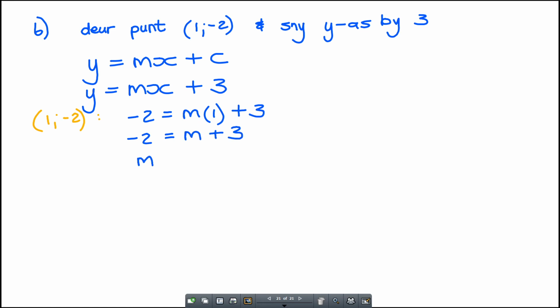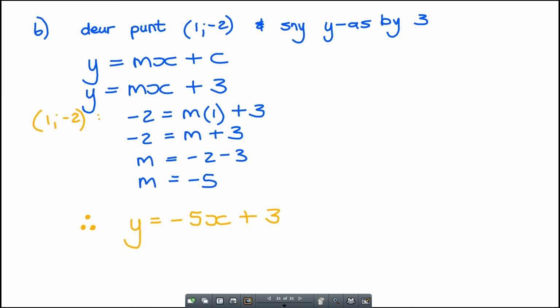So dan is m, so my final equation is y is equal to minus 5x plus 3. Who got that? Het hom gekry? Mooi. Good.